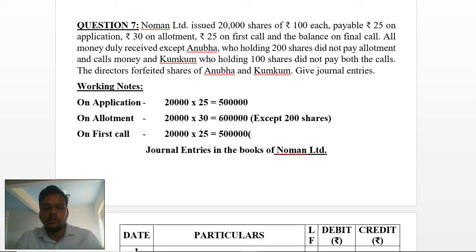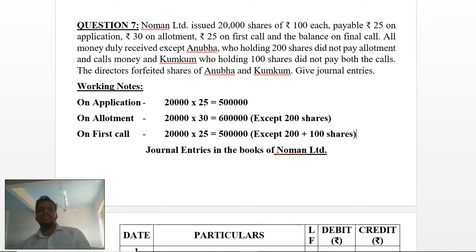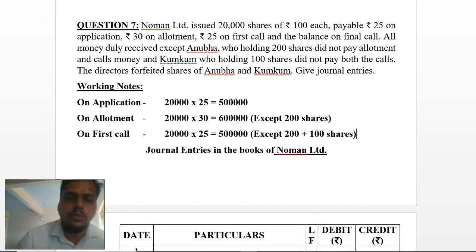Here also be careful with that. The amount which has not been received has to be excluded, except 200 shares plus 100 shares, which are not to be included in the amount to be received.